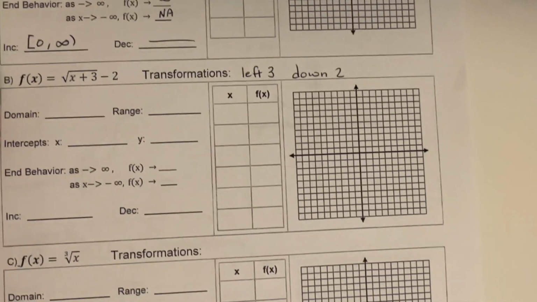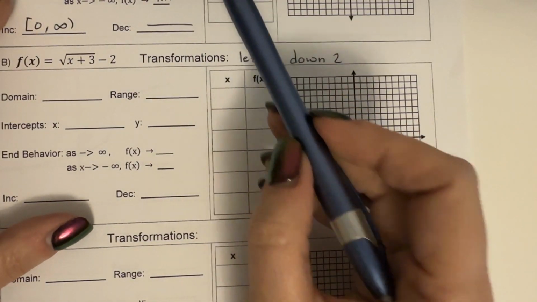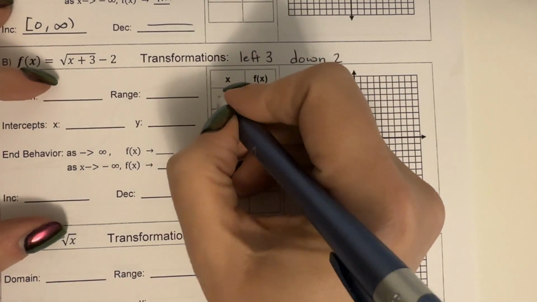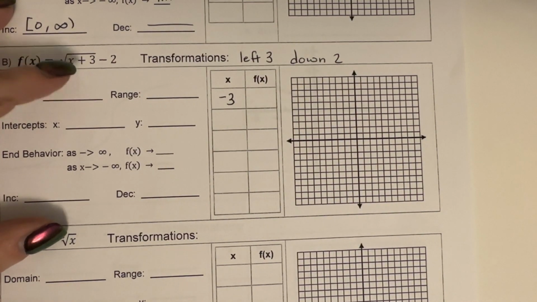So now let's go make our table on this. And again, I want you to think about what's going to make a perfect square. The first perfect square that we had in the table up above was 0, which is why I'm going to put in a -3 for my first x value. Because if I put a -3 there, I'll get a 0.